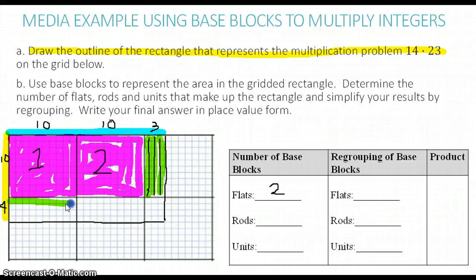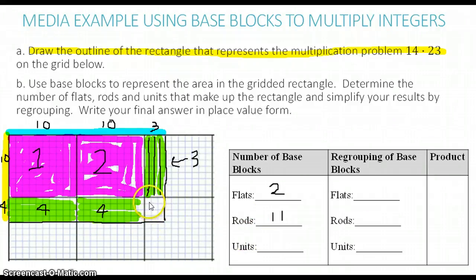This will be 1, 2, 3, 4 rods. Just write that in so we remember. So this is 4 rods. This here was 3 rods. And then we can make some more. Right here, there's another set of 1, 2, 3, 4 rods. So we have a total of 4, 8, 9, 10, 11 rods in this picture.